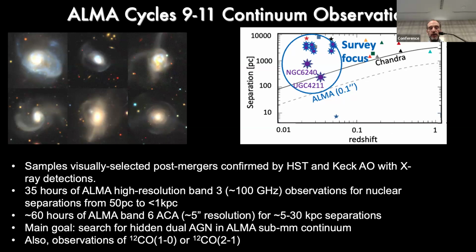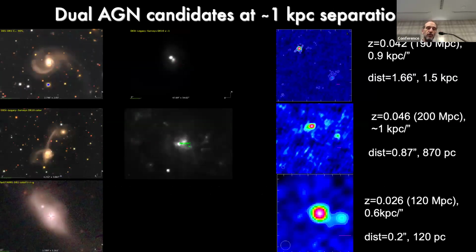Just talking about the continuum results, we now have a sample of dual AGN candidates that we identified with the ALMA emission at about 1 kiloparsec or less separation, including one that, if confirmed, will be record-breaking at 120 parsecs.